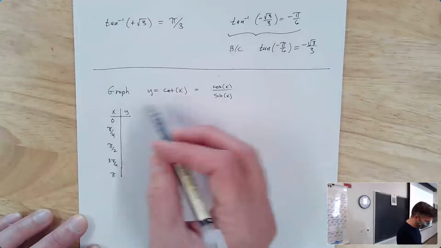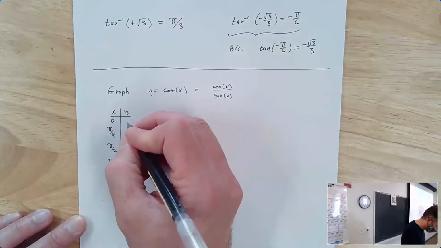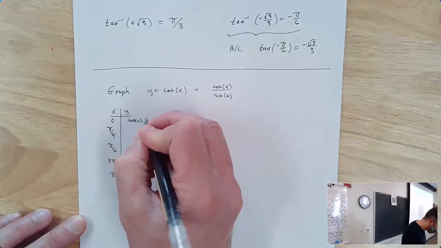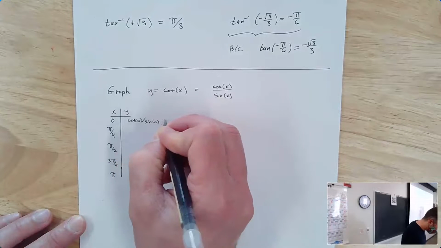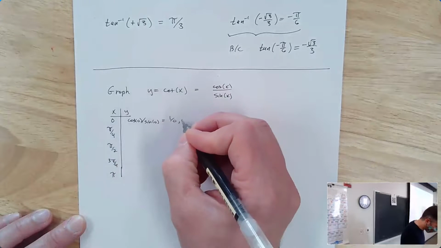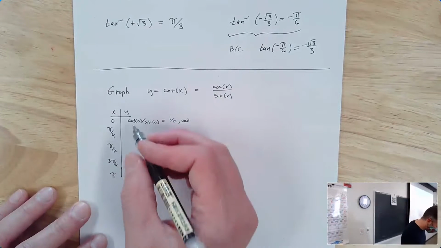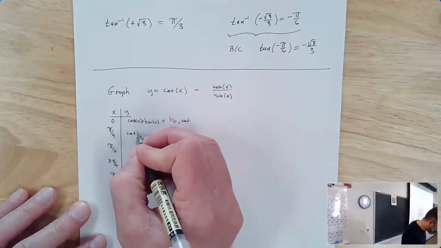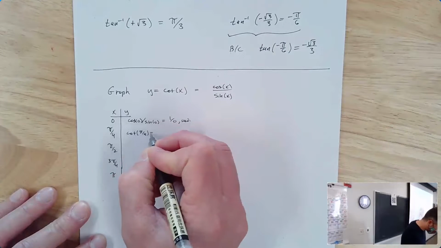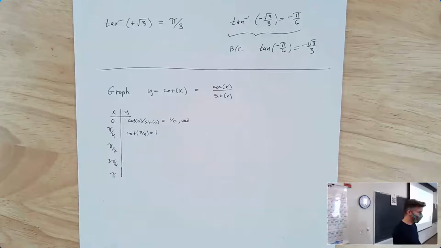Cotangent of 0 is going to be cosine of 0 over sine of 0. That's going to be 1 over 0, which is undefined, meaning we're going to have a vertical asymptote at 0. And cotangent of pi over 4 is going to be 1, because it's cosine of pi over 4 over sine of pi over 4, which is root 2 over 2 over root 2 over 2.